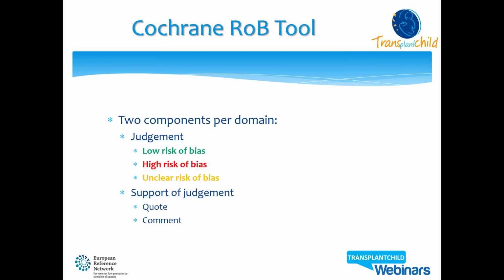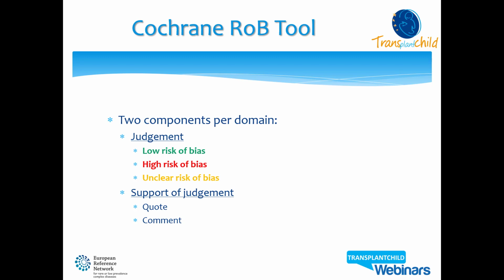So to use the Cochrane risk of bias tool, we are going to have 2 different components per domain. So the first component is the judgment. That is, when you go through the paper, you have to make a judgment about the risk of bias. You can just judge if it is a low risk of bias, a high risk of bias, or unclear.